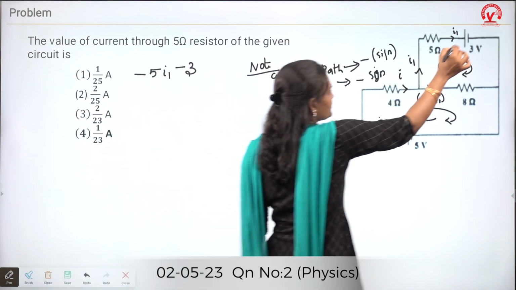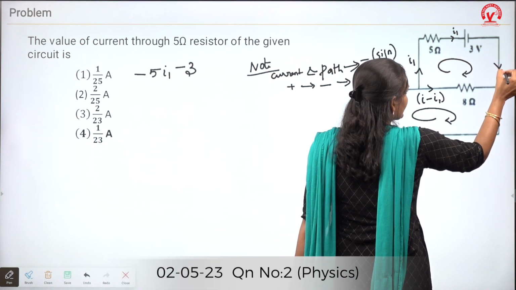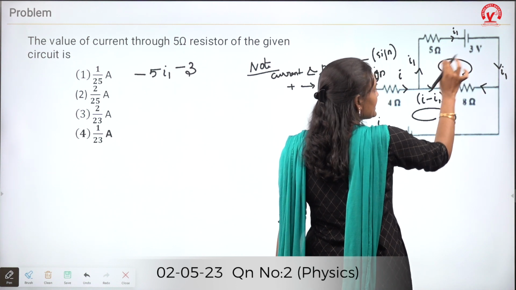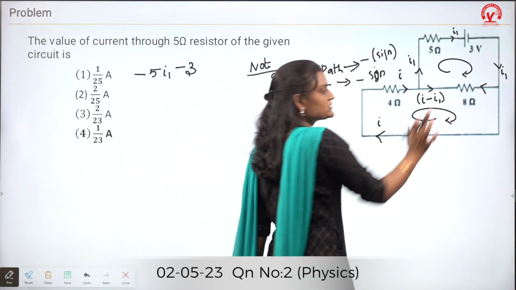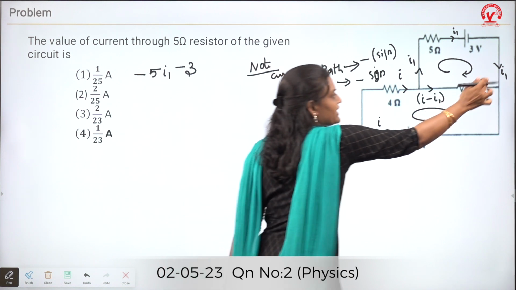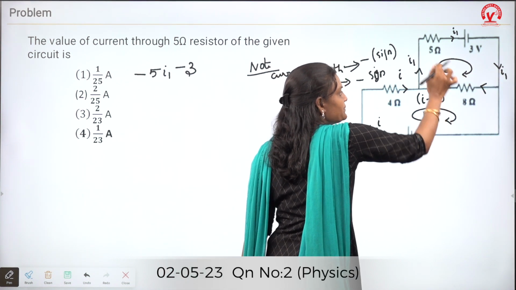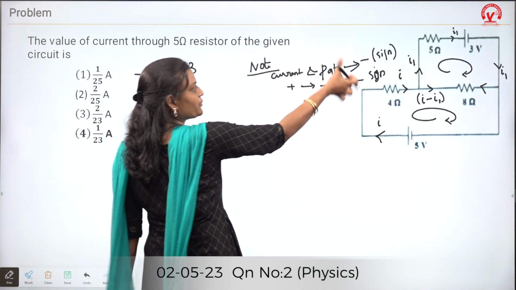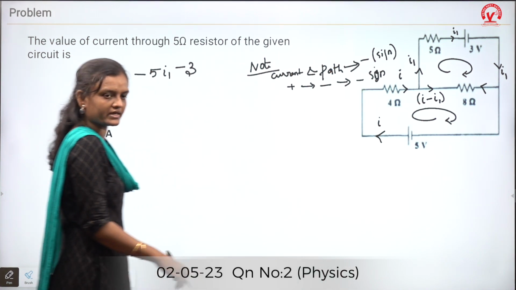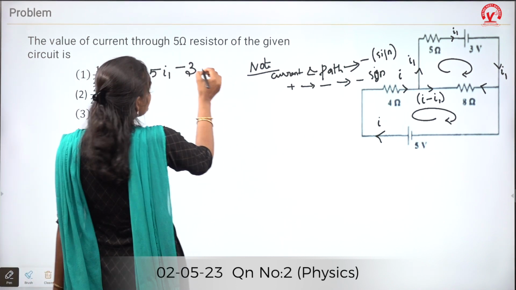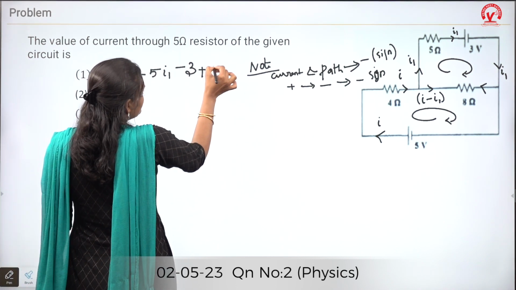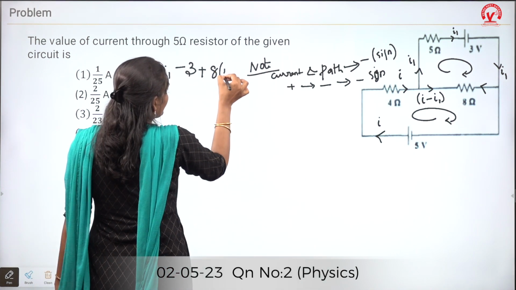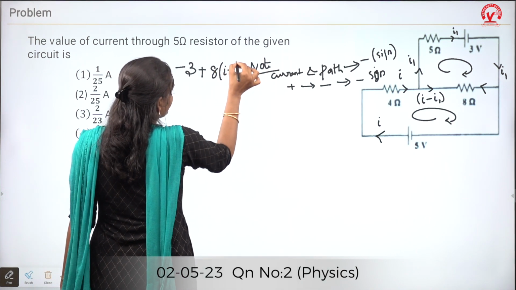Now the I minus I1 current is flowing in this direction. The path and the current direction are in opposite directions, and opposite direction means positive sign. So plus, here we have 8 ohm, so 8 times I minus I1.